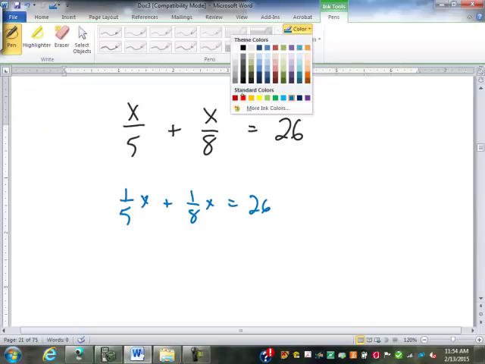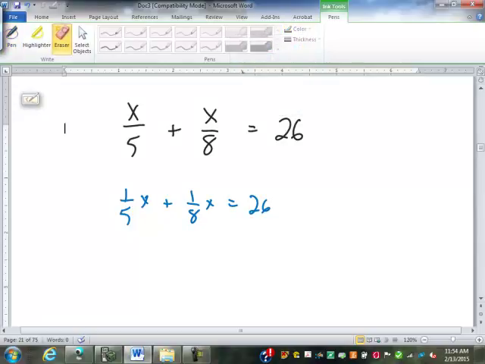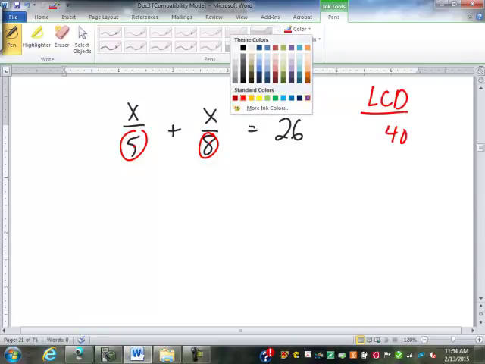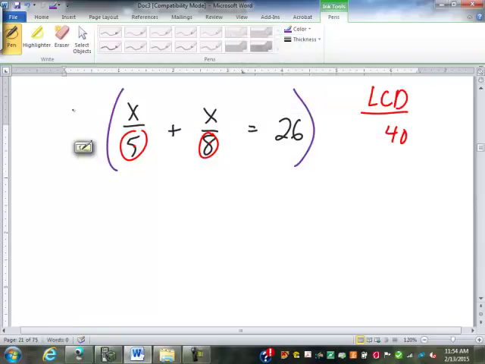There's a method to solving this that many of you may have seen that for some is easier, for others is more confusing. What it is, you're looking at the denominators, the 5 and the 8, and you're coming up with a common denominator. The least common denominator here would be 40. So I'm going to multiply the whole equation by 40.